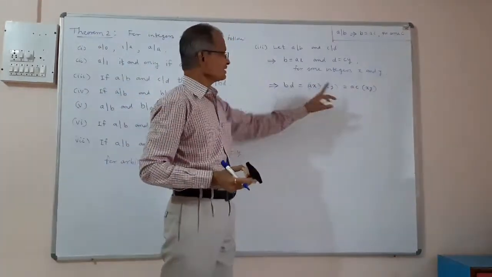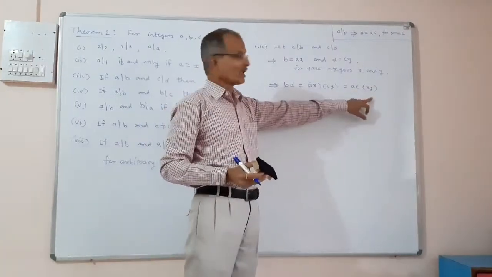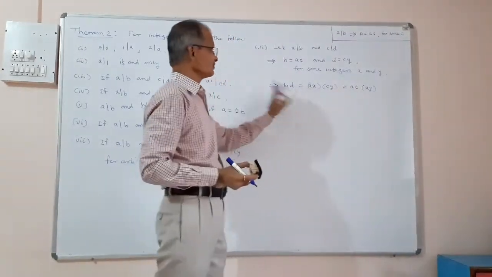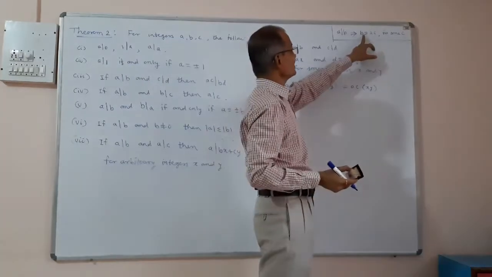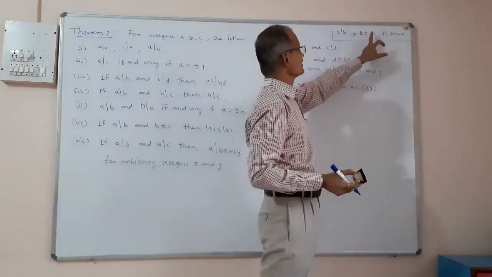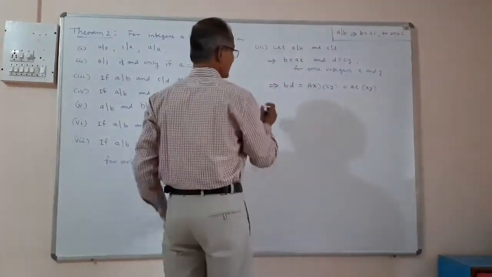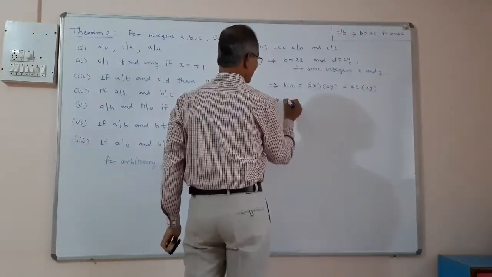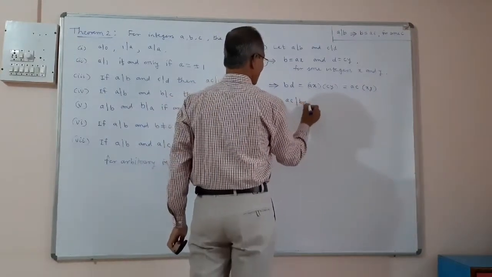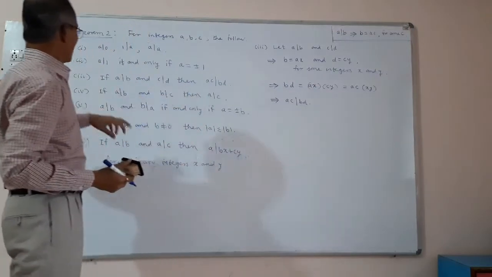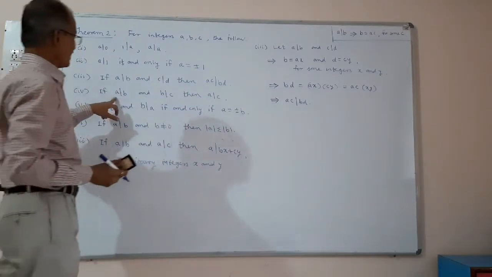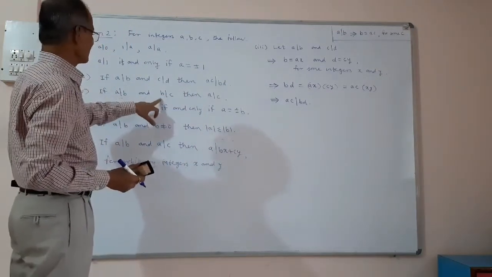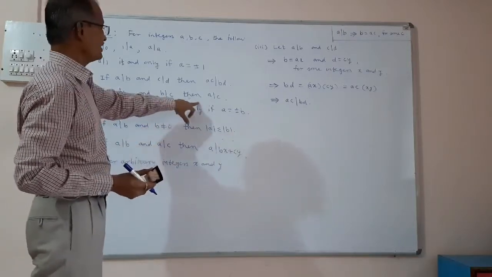So thus BD is written as AC into some integer, and this implies AC divides BD by the definition: if B is A into C for some C, then A divides B. So this implies AC divides BD. Third result. And the fourth result, if A divides B and B divides C, then A divides C.